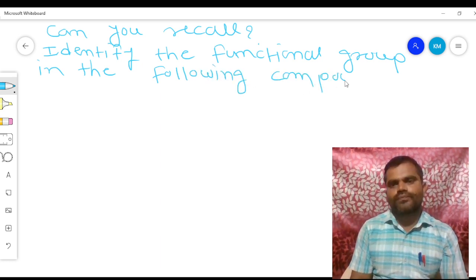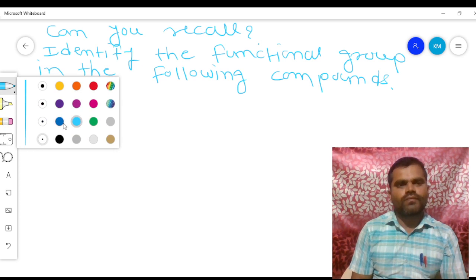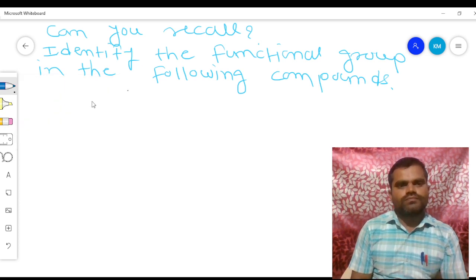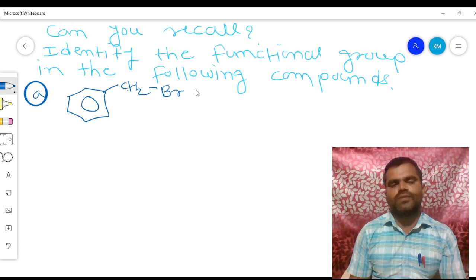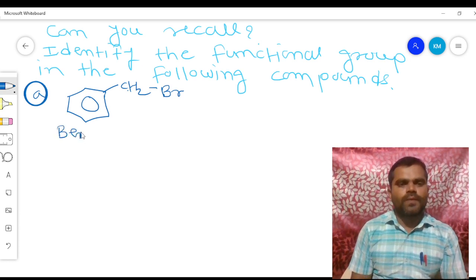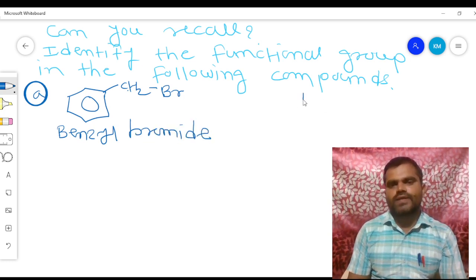The first compound is benzyl bromide. What is the first compound? Benzyl bromide. This is the benzyl bromide. Then the second one is hexachlorobenzene.